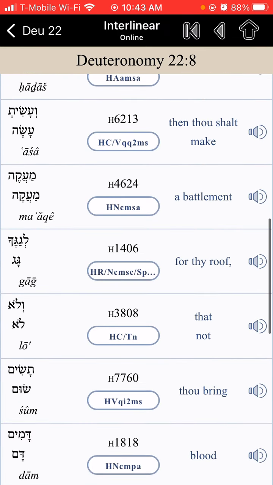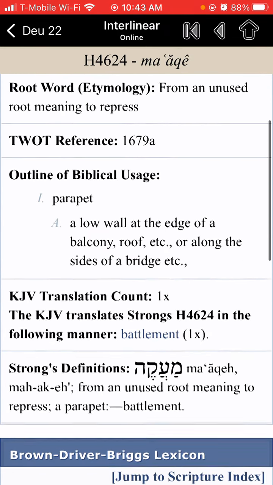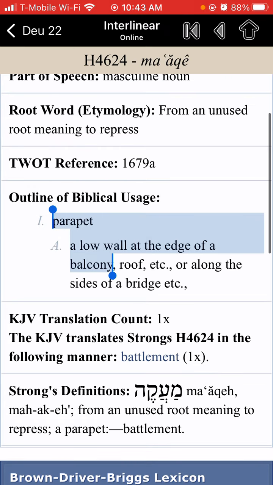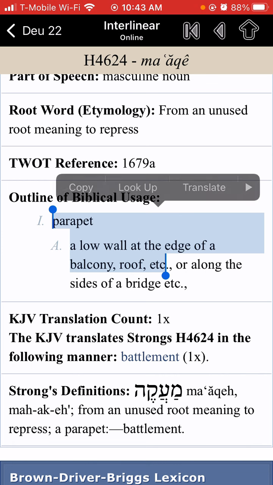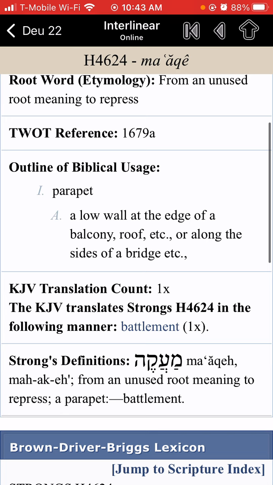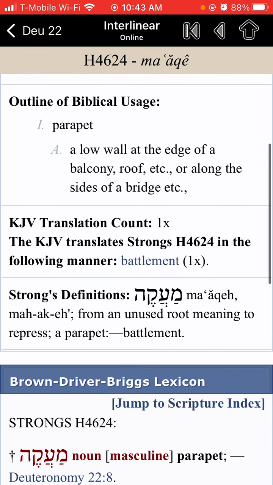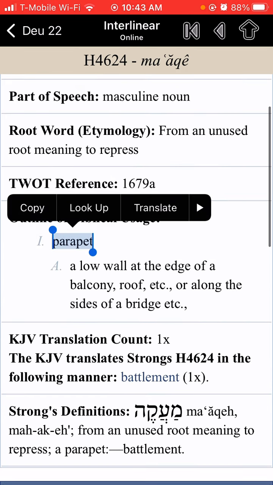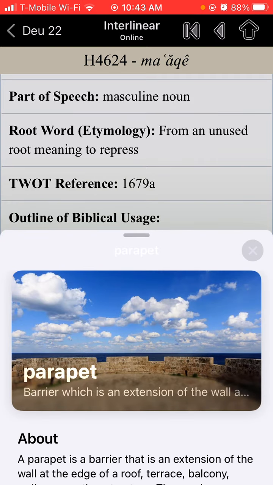Battlement. It says a parapet, a low wall at the edge of a balcony, roof, etc., or along the sides of a bridge. So a parapet. Now, what is a parapet? This is how you learn new words.